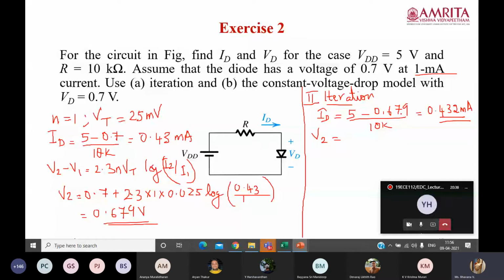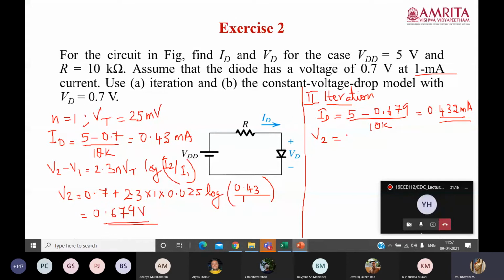Now calculate and give me the answer for V2. Here V1 will be 0.679, I2 will be 0.432, and I1 will be 0.43. Calculate V2. I1 will be 0.43, I2 will be 0.432, V1 will be 0.679.